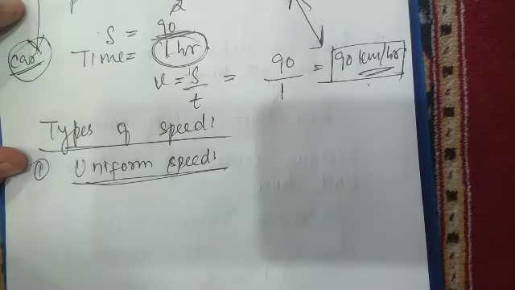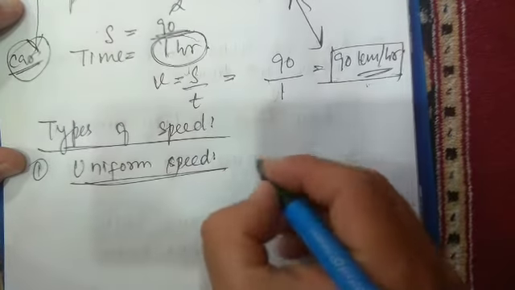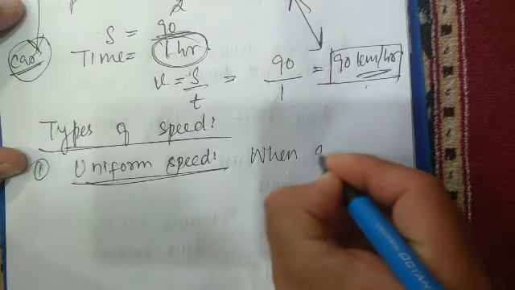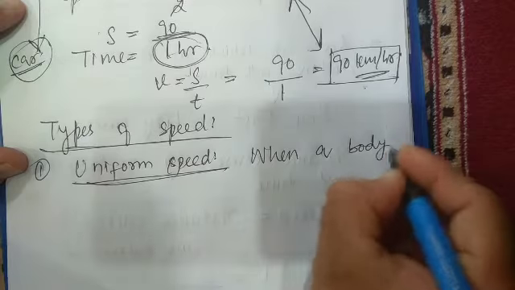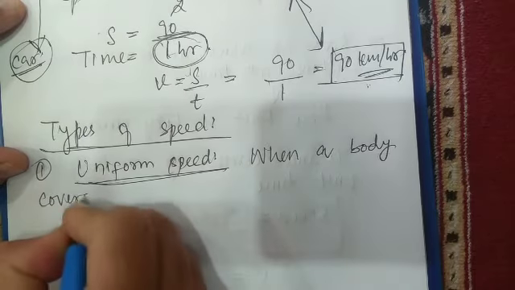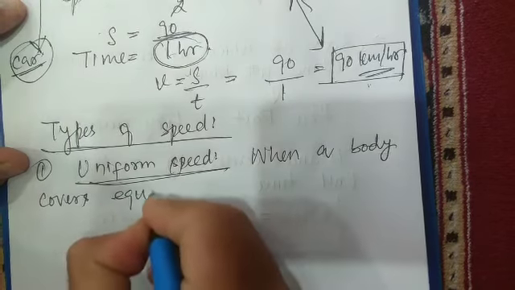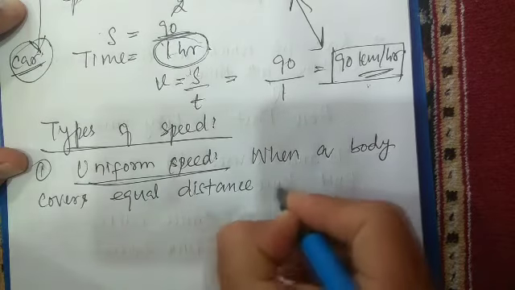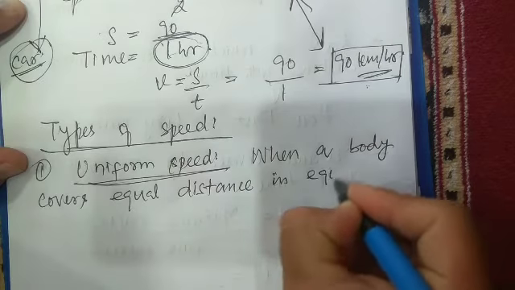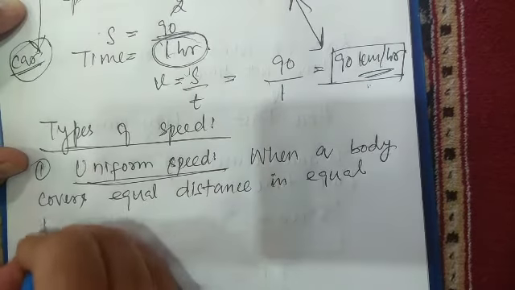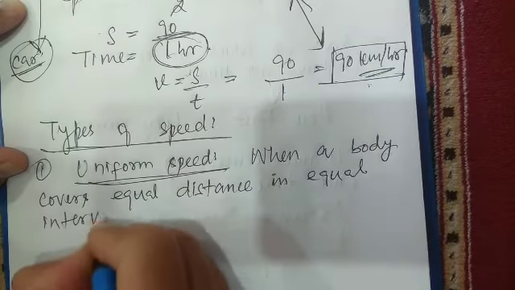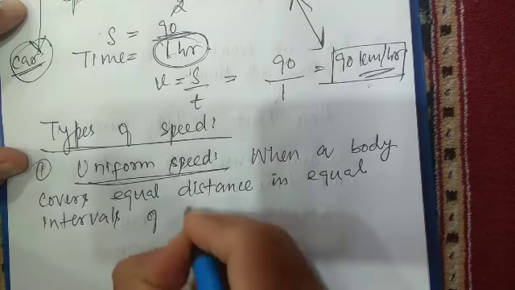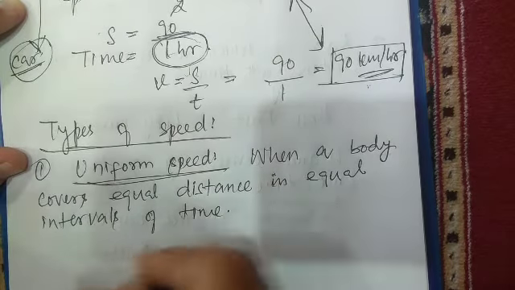Let's write this definition first. When a body covers equal distance in equal intervals of time, it's called uniform speed.